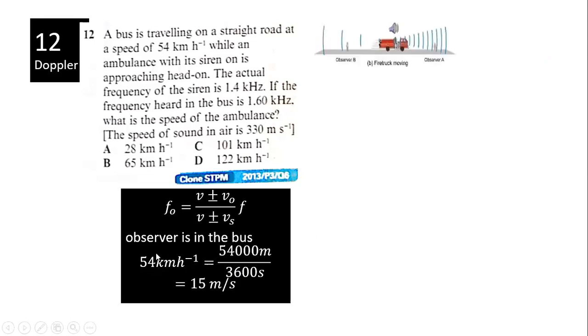Convert kilometer per hour to meter per second. Have a rough idea what the situation is. There's your siren, there's your bus. You can think of this as your ambulance.